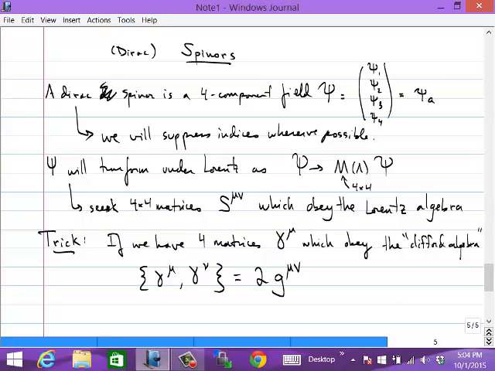Here, mu and nu label the 4 different matrices, and I'm suppressing 2 other indices. So this gamma here is a 4x4 matrix, this gamma here is a 4x4 matrix, and if I wanted to be really precise, I should write an identity matrix here, which is a 4x4 matrix.